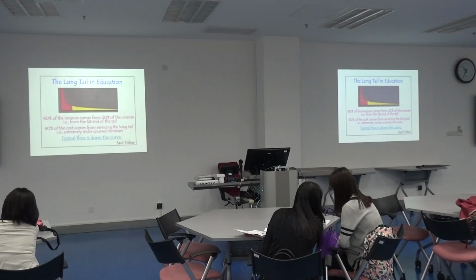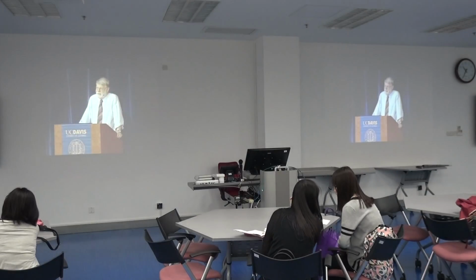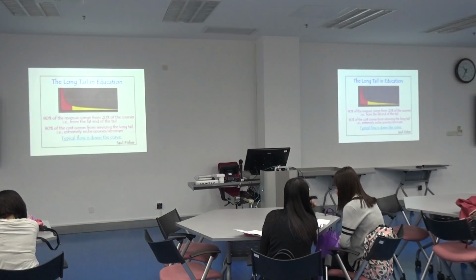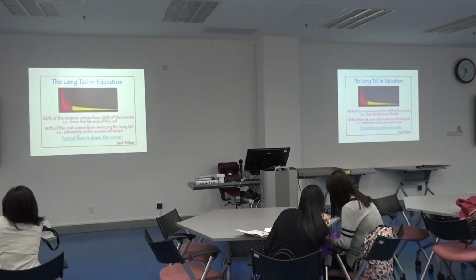The surprising thing to me, now that your finances are slightly more open, is that you can recognize that basically 20% of your courses produce 80% of your revenue. And in fact, 80% of your cost comes from the thin tail.